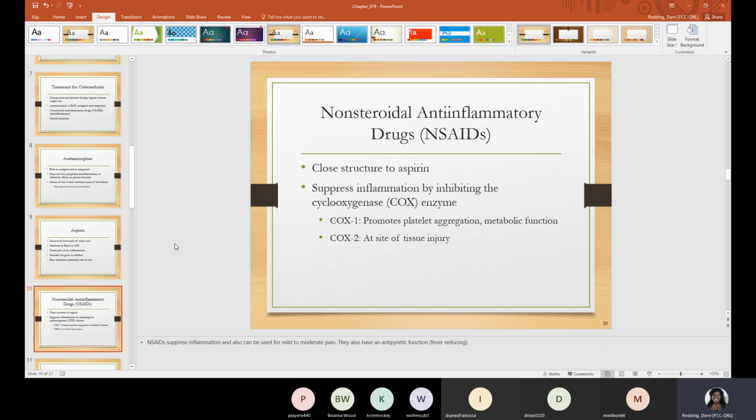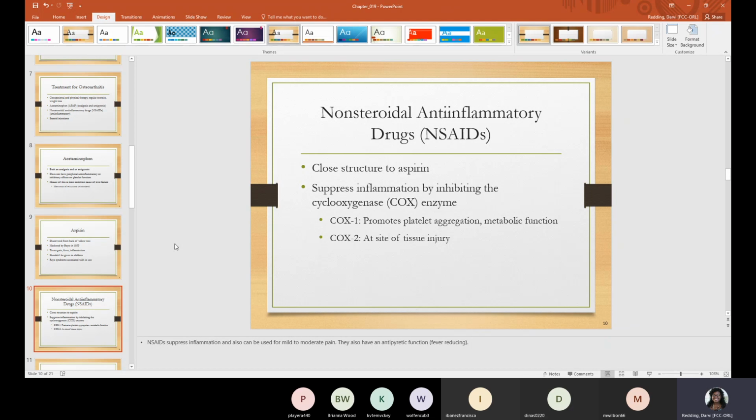The COX enzyme works by suppressing the inflammation by inhibiting the cyclooxygenase enzyme. When it comes to the COX enzyme, you have COX-1 and COX-2. COX-1 enzymes promote platelet aggregation and metabolic function, whereas COX-2 works by being at the site of the tissue injury.